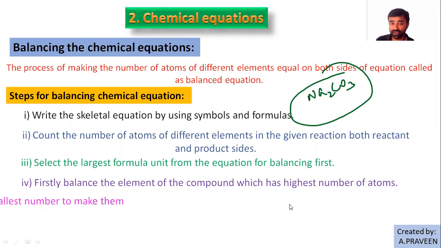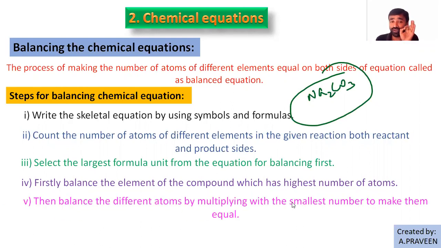The next point here: you are following actually the trial and error method, right? For balancing that, you are multiplying the formula unit, not the atom, by a suitable number. Not writing as a subscript. Don't write as a subscript.